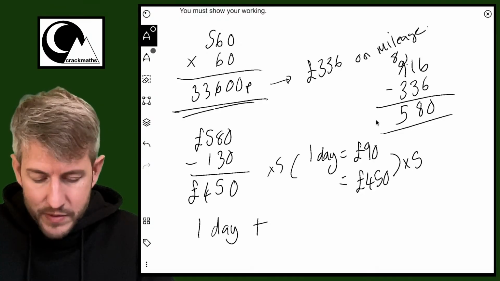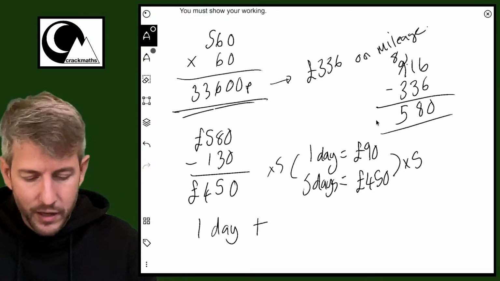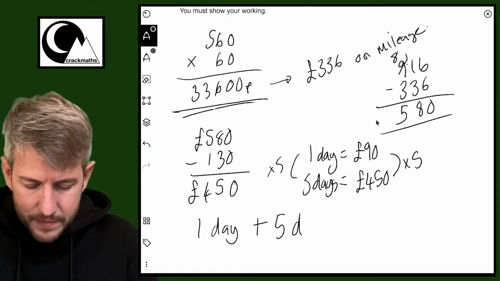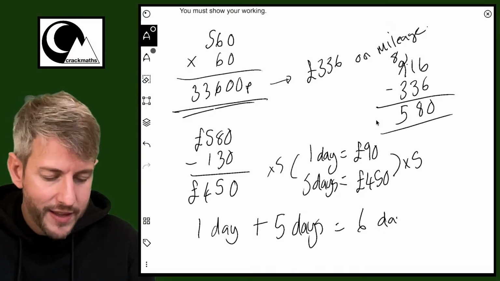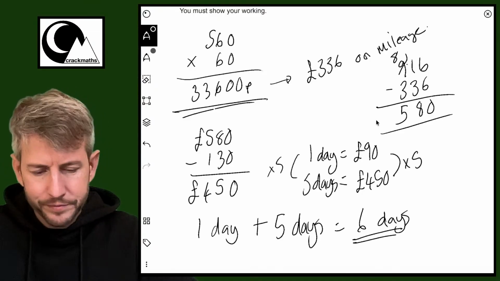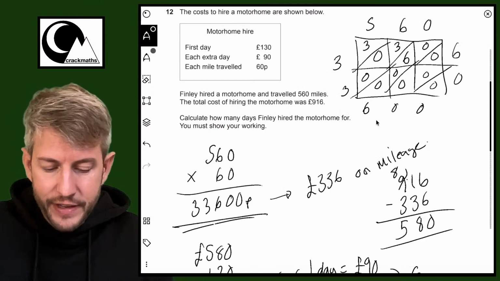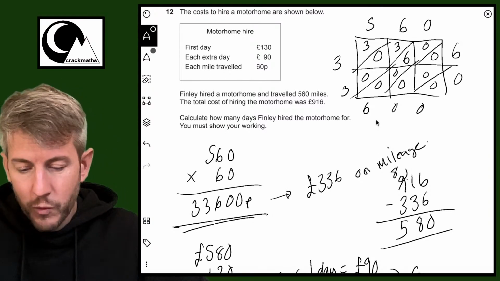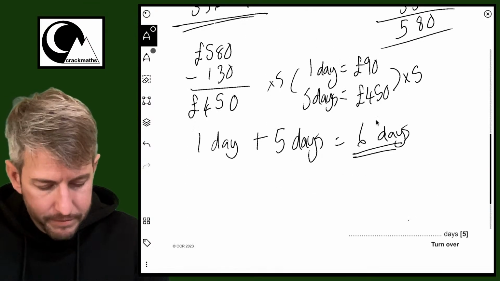So that was 5 days. We had the 1 day for the start and then 5 days extra. So that means they hired the motorhome for 6 days altogether. Calculate how many days Finley hired the motorhome for. You must show your working out. So that will be 6 days all in all.